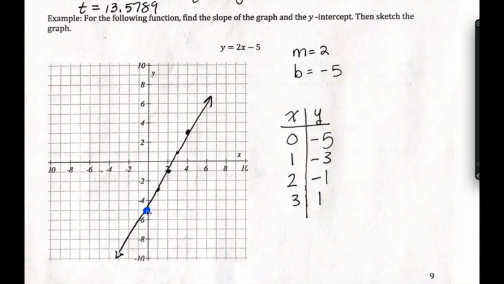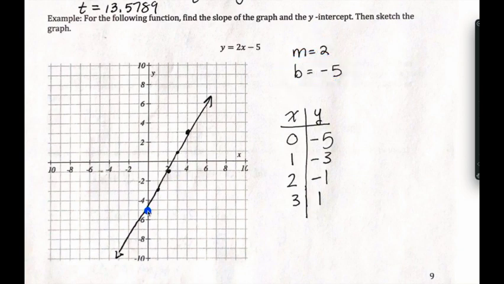So when we look at the y-axis, we're going to have a point right here. That's my y-intercept at negative 5. So we have the point 0, negative 5. You could also plot some more points using the equation, find the corresponding values of y to plot points and connect the dots, or you can just use your initial value and your slope to graph.